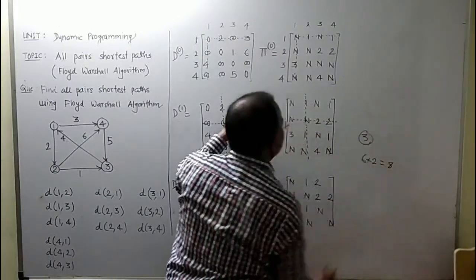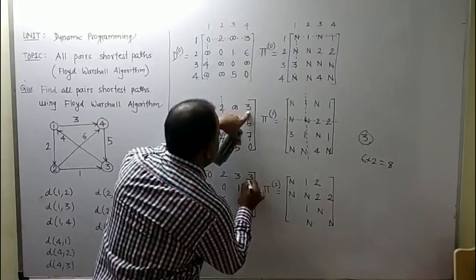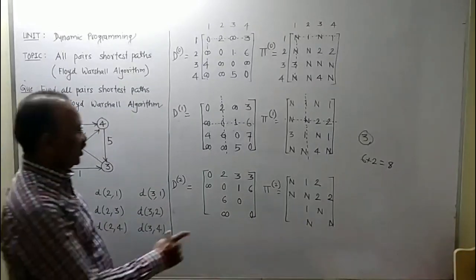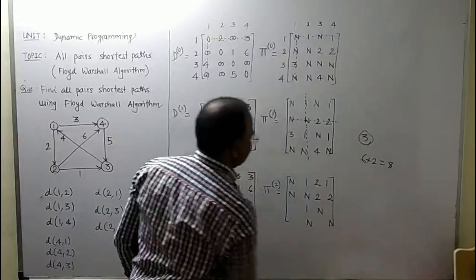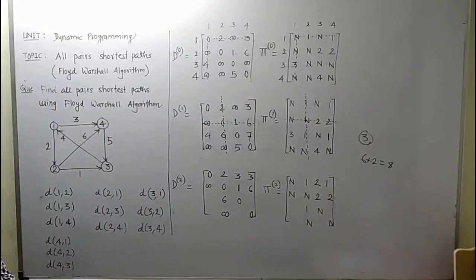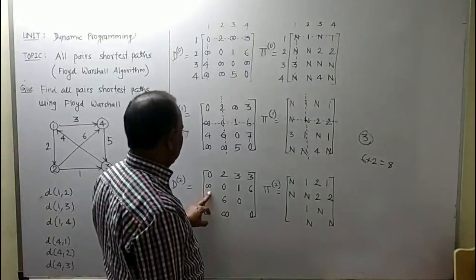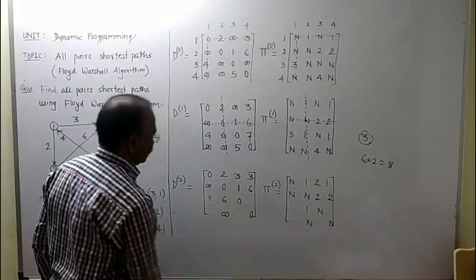So which one is minimum? 3. So write 3. Now there is no change, so there will not be change in pi 2. So 1 will be as it is. Already we have written the second row. Now then go to the third row. This place.